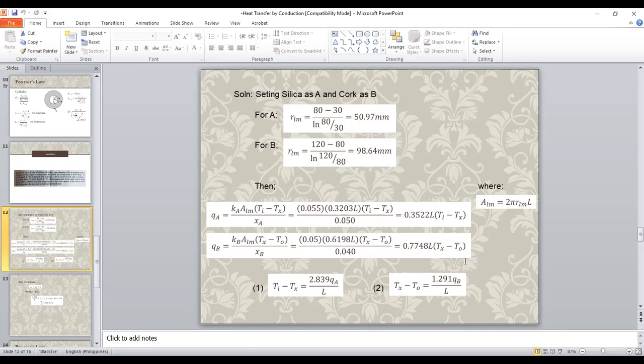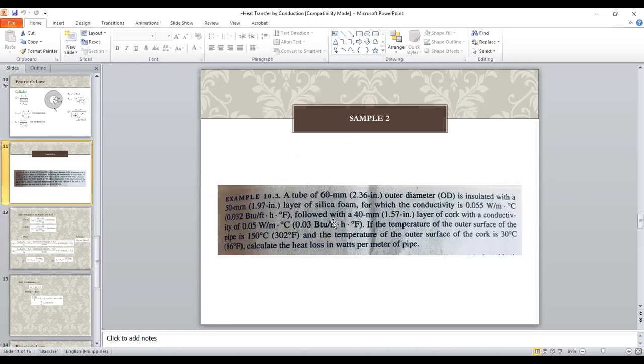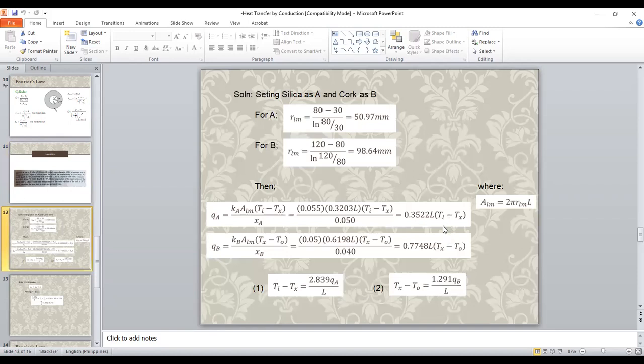I think that's the cork already. The T sub X is the boundary between your cork and the silica foam. So that would be your T sub X. Inner temperature, outer temperature. This is in the boundary of your foam and your cork.